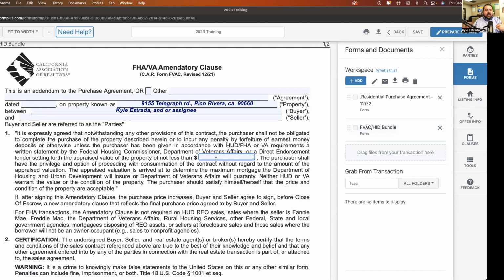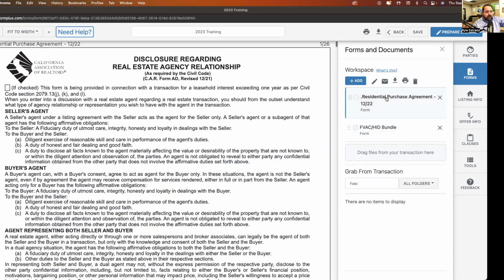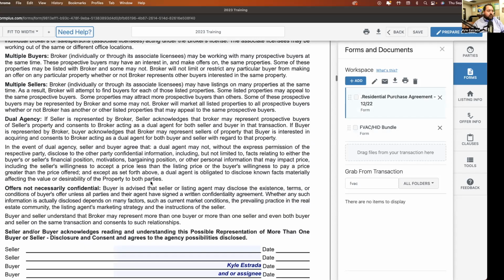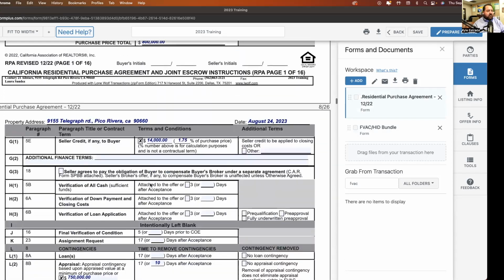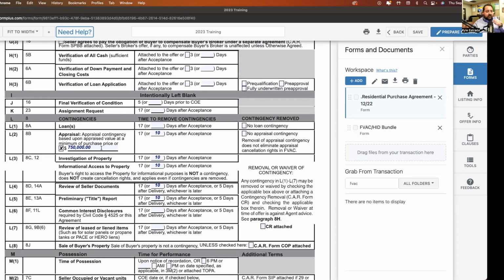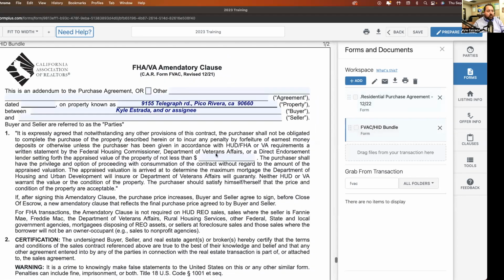So if I have to write something in here, and if you guys don't do this form, escrow does it for you, and escrow automatically does it at the offer price. But if I've done the appraisal contingency, and here I said it has to appraise for $750, then this form should say $750 right here.